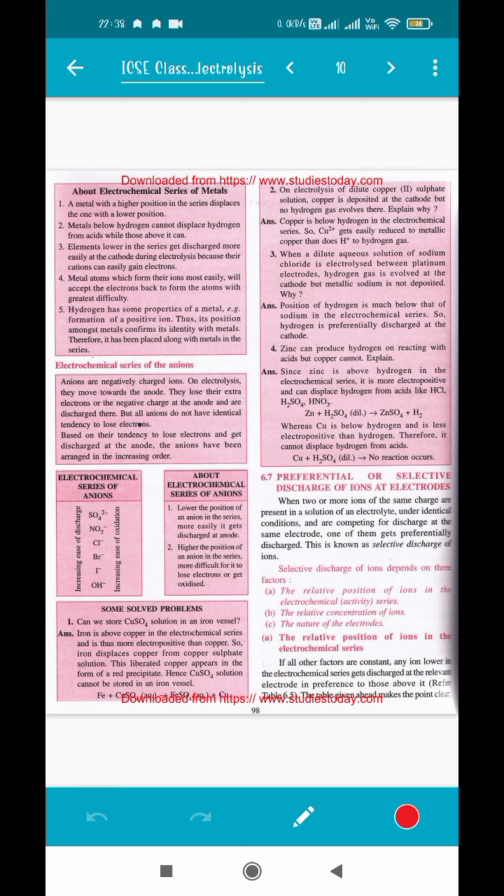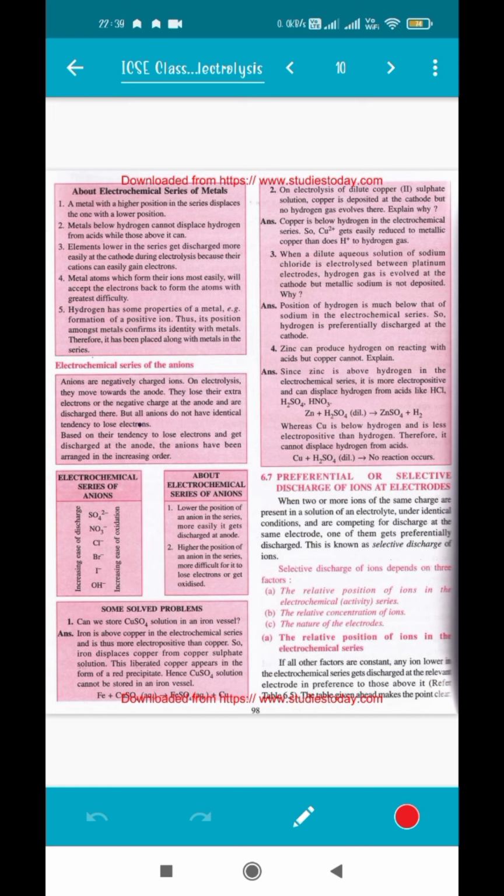And next, the nature of the electrodes. If the electrodes are made up of an inert metal, which will not react, what will happen, we will see examples related to that. And if the electrode is made up of a reactive metal, which ion will get discharged, we are going to learn about these things also.